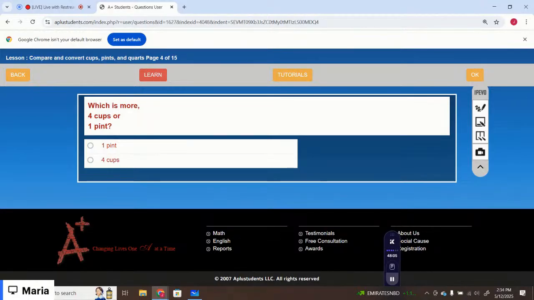One pint is equal to two cups. So four cups is more than one pint. The correct option is four cups is more than one pint.